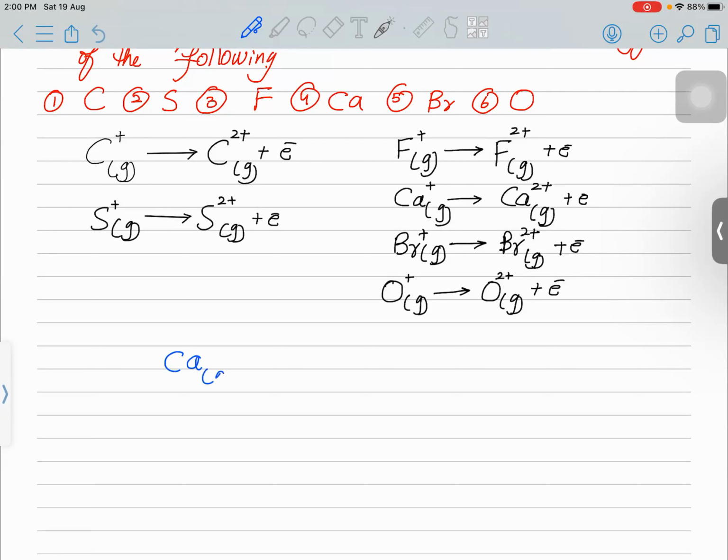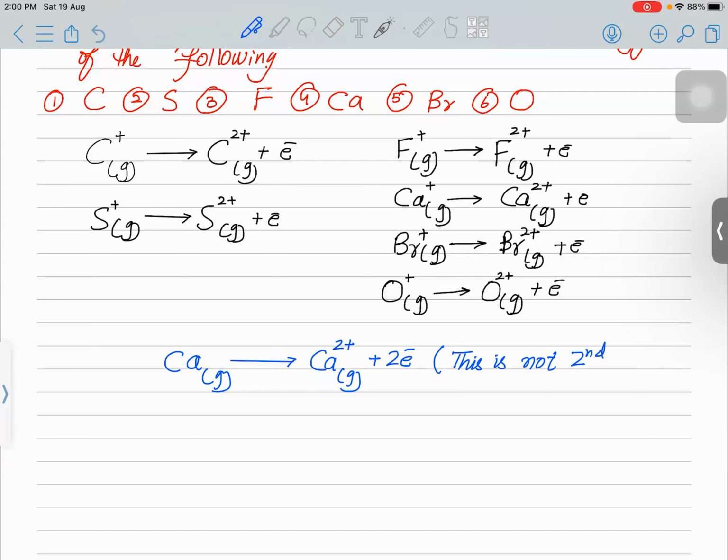For example, this is calcium gaseous, right? This is calcium 2 plus gaseous, and 2 electrons are removed. This is not second ionization energy. Are you getting my point or not? Yes, sir, I understand completely.